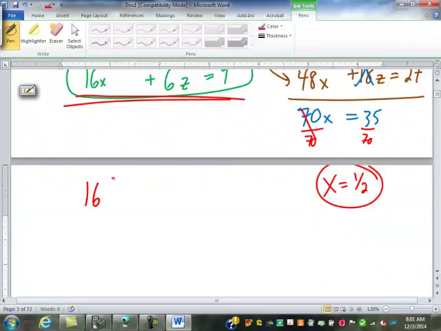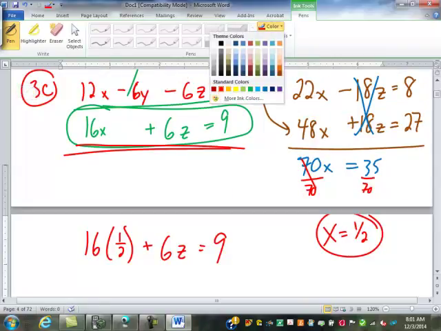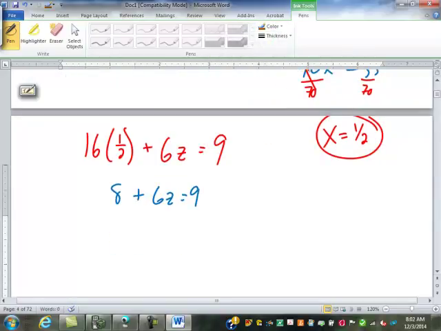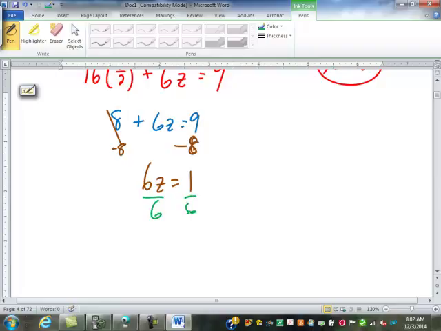So this will be 16 times 1/2 plus 6z equals 9. So we shall do 16 times 1/2, which is 8 plus 6z equals 9. Then we will subtract 8. 6z equals 1. And we divide by 6. So z is 1/6.